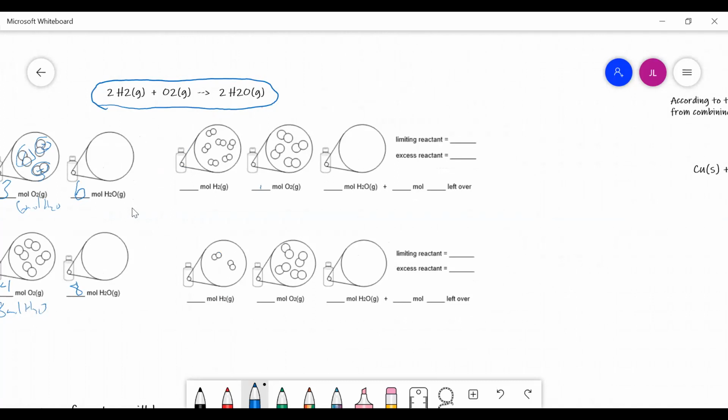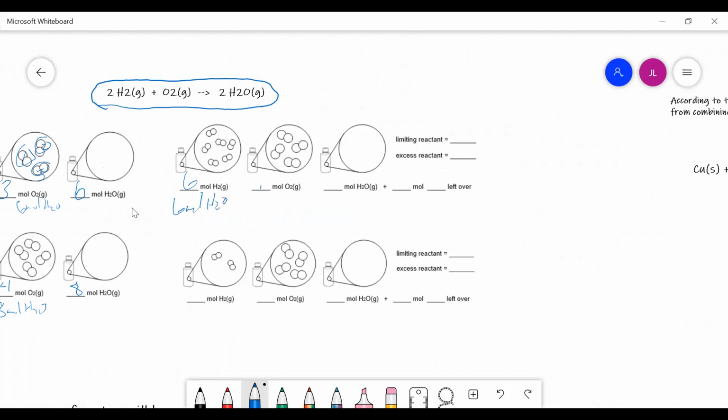First, let's look at the hydrogen here. We have 1, 2, 3, 4, 5, 6 moles of hydrogen, which, if we assume oxygen initially is in excess, will give us 6 moles of H2O.